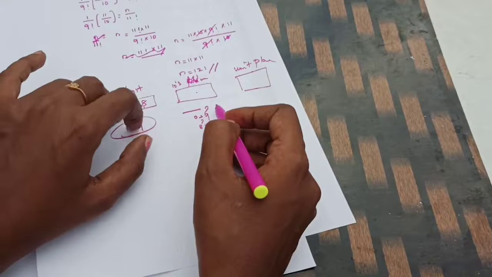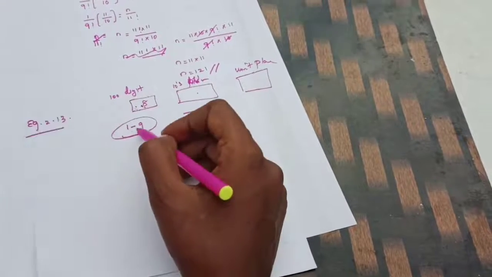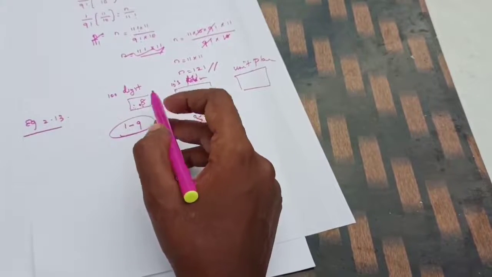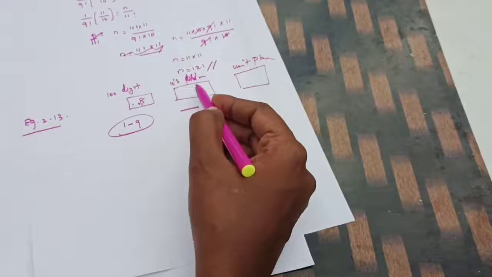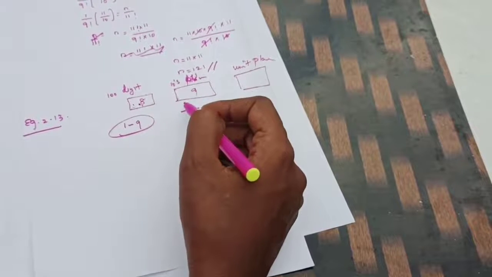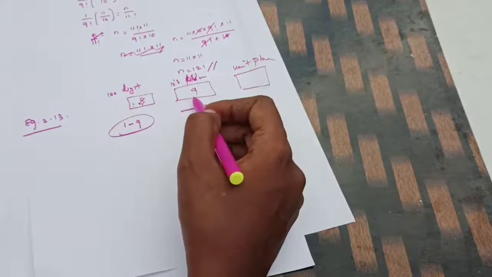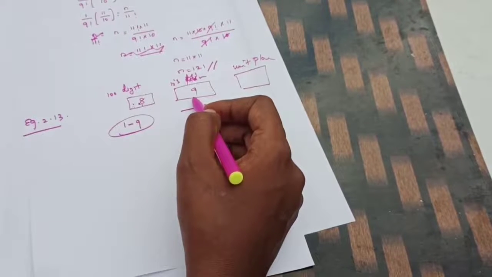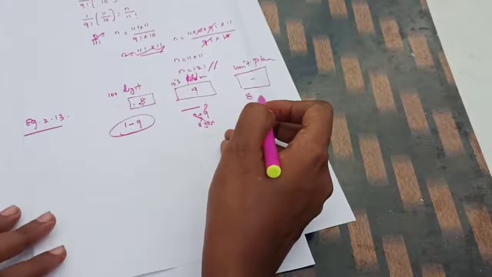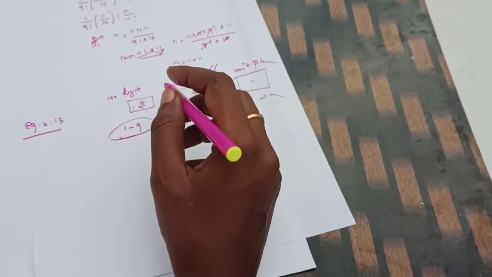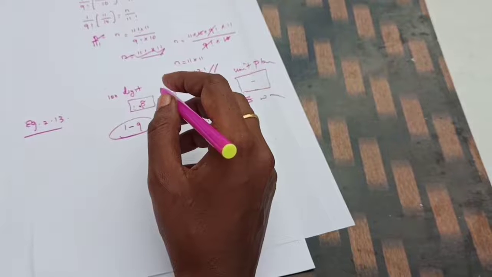Why? Repetition is not allowed. So remaining 9 number of ways it will be. Understand? So if I am using 9 ways, then the unit place can be filled by the remaining 8 ways. Understand? So keep it in mind, you just need to think, that's all.